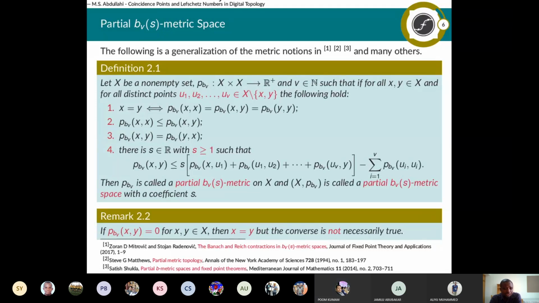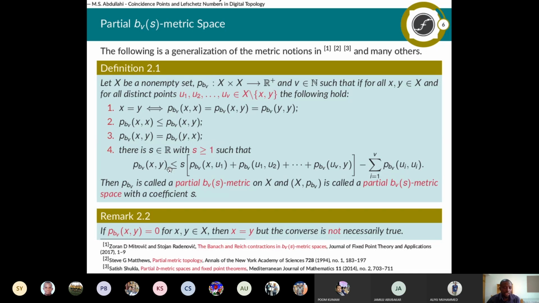One of them is that of Mitrović and Radenović in 2017, and that of Matthews in 1994, where he defined the partial metric. The difference between this definition and that of Matthews is that the triangular inequality here, item number 4, is different from his own.